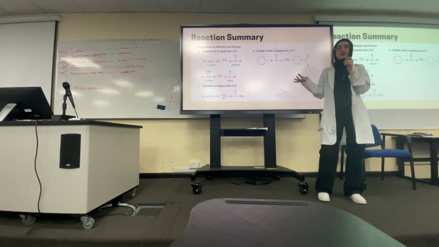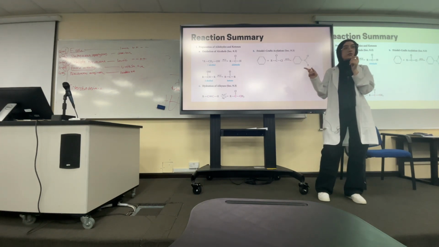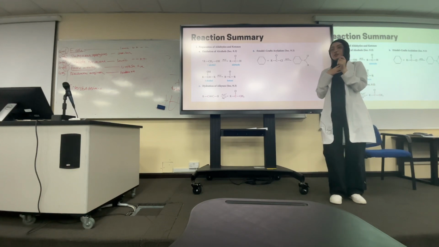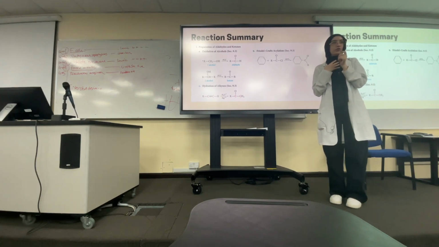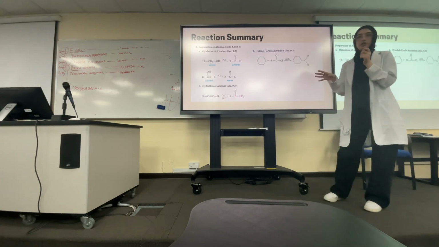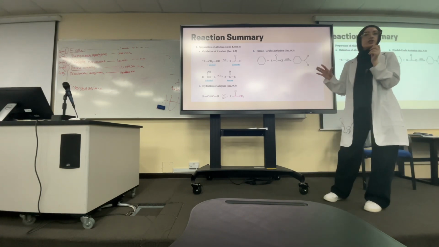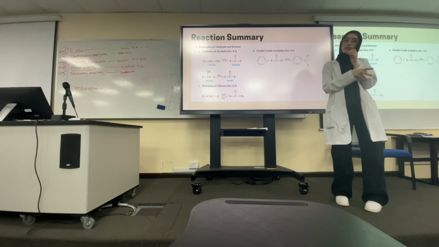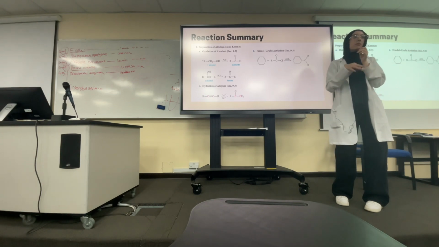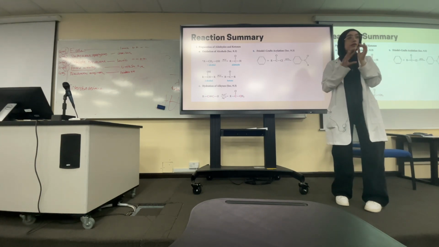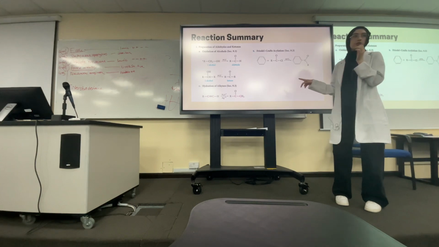This is my little secret. I don't know if you've ever come across the reaction summaries in the book. Have you seen it? No one I knew used it, but honestly, it was a lifesaver. I didn't include all the reactions, so you need to go through them in Dr. Najjar's slides. But when you want to revise all the reactions, revise them through the reaction summaries.